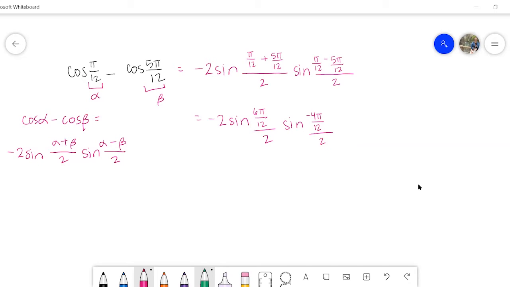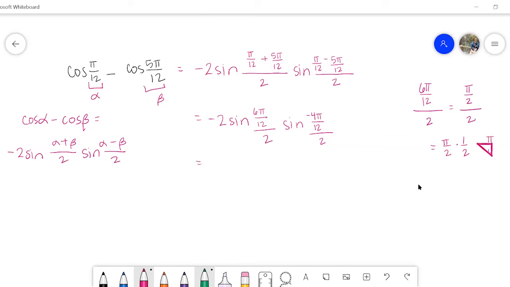6 pi over 12, maybe we should just simplify it. 6 pi over 12 over 2 is pi over 2 over 2, which is pi over 2 times a half, pi over 4.